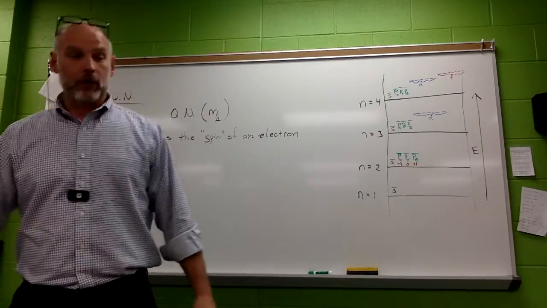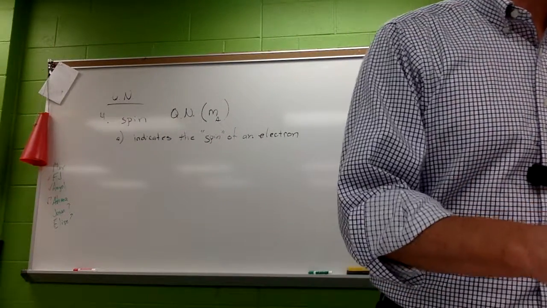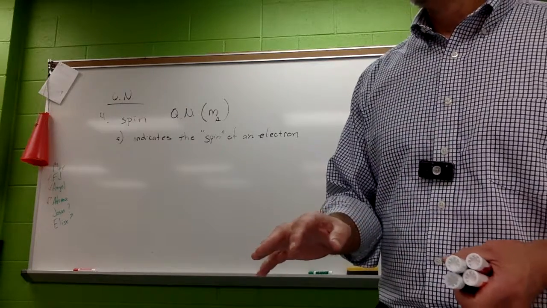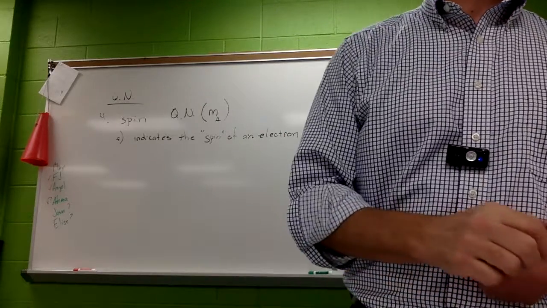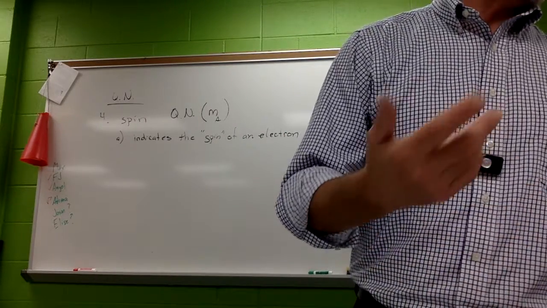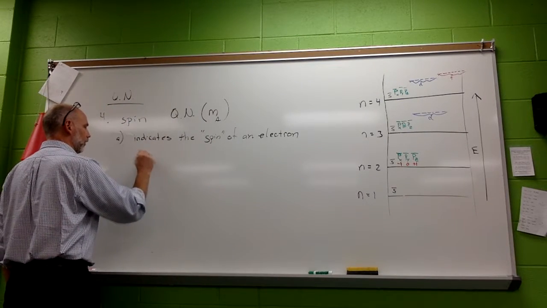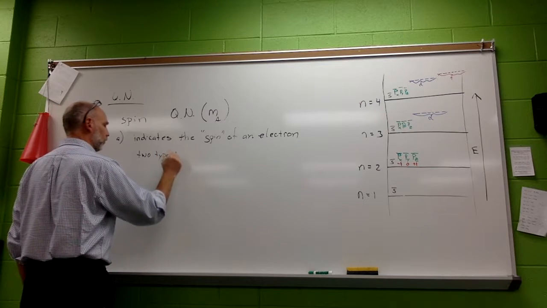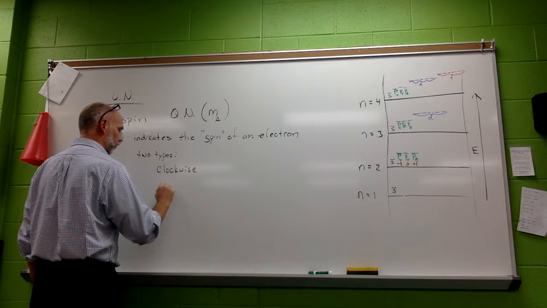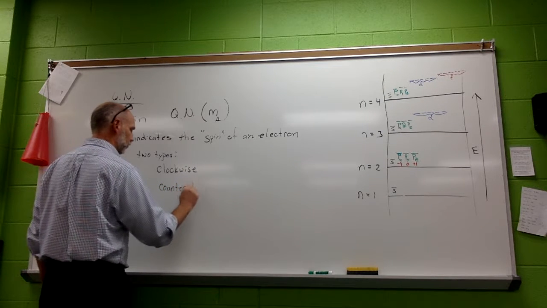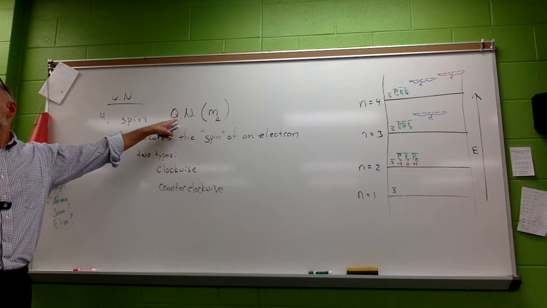Guess what two types of spin we're going to look at or consider? It's not that hard. Well, if that thing worked, it would be spinning in a certain direction. And counterclockwise, yep, clockwise and counterclockwise. So, remember, we're talking about quantum numbers.